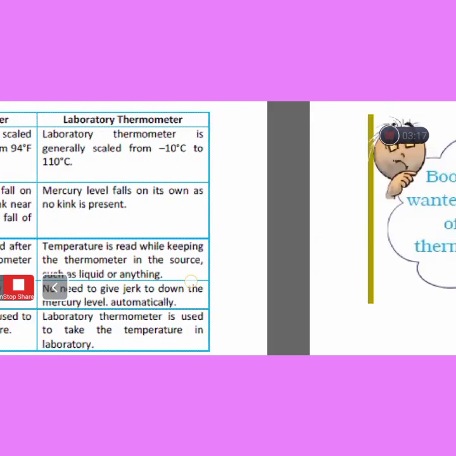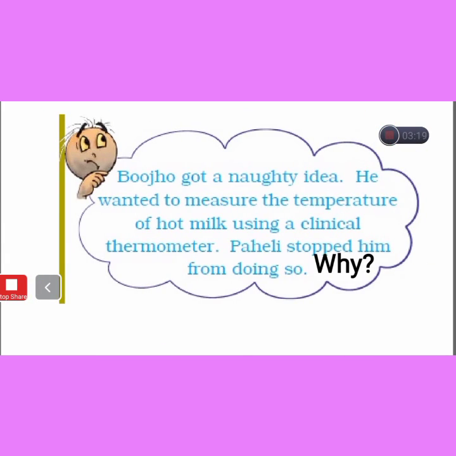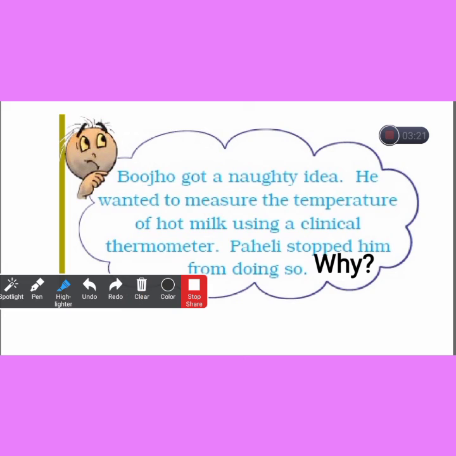Now let's move on to the next slide. Bujho got a naughty idea. He wanted to measure the temperature of hot milk with a clinical thermometer. Paheli stopped him from doing so. Why?